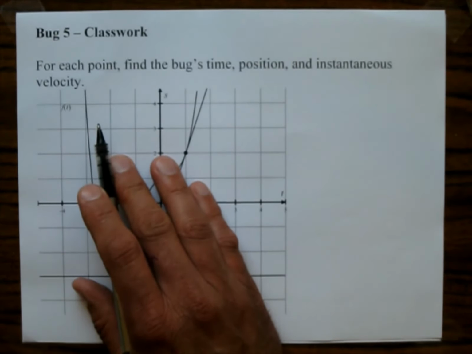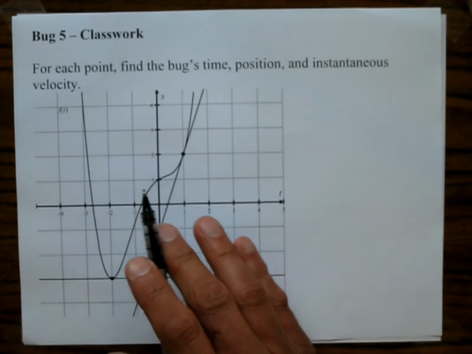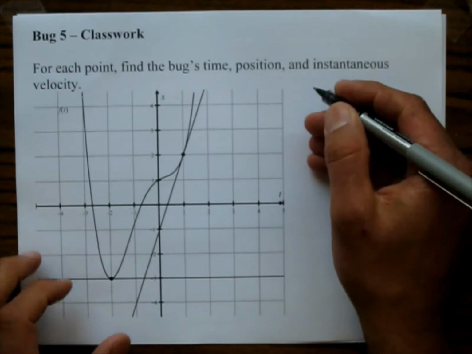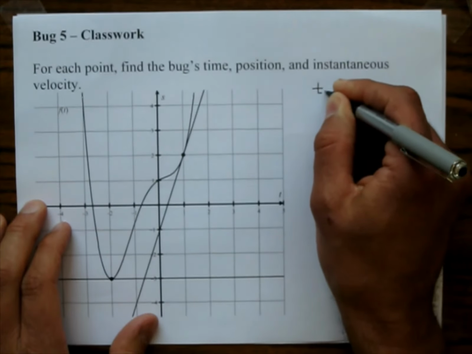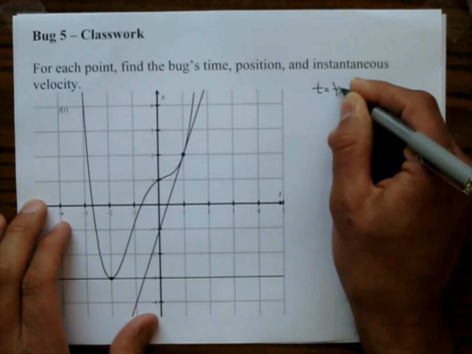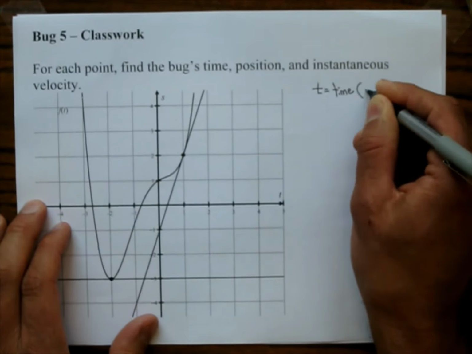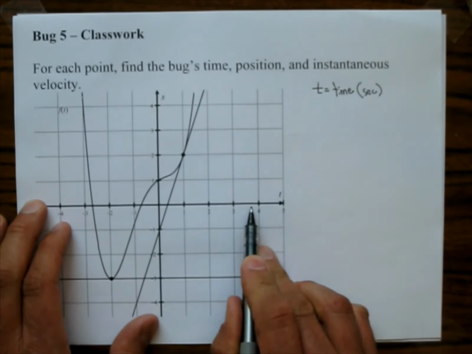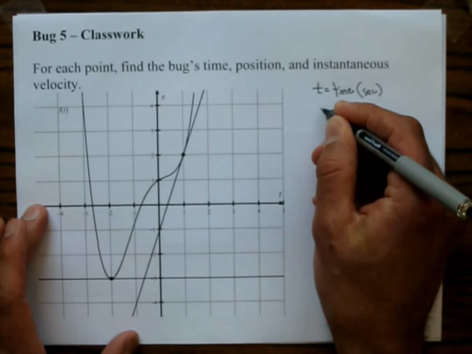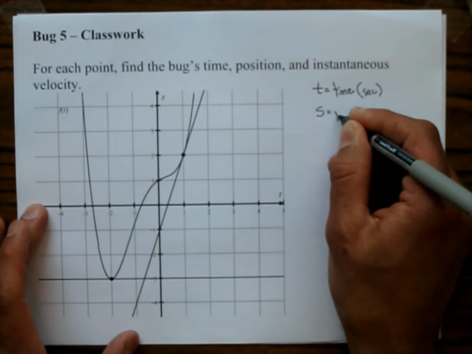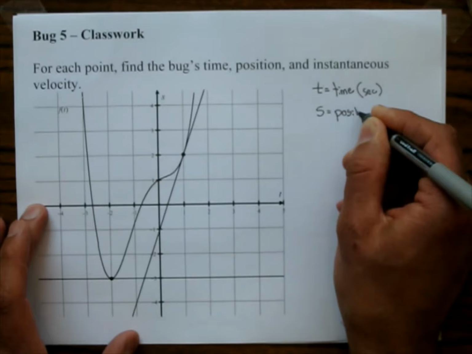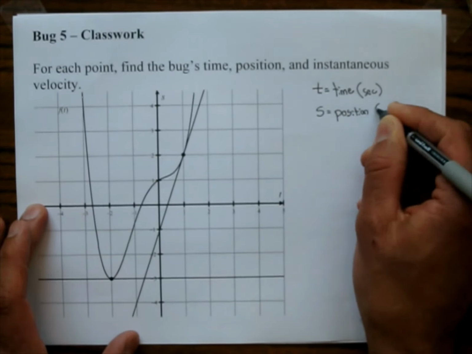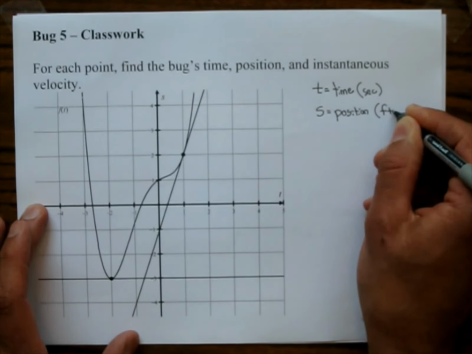What we have is a bug moving on a number line. Remember that t is time in seconds. That's the input, so there's the t-axis, and the output is s, which is position, in feet from the origin on a number line.